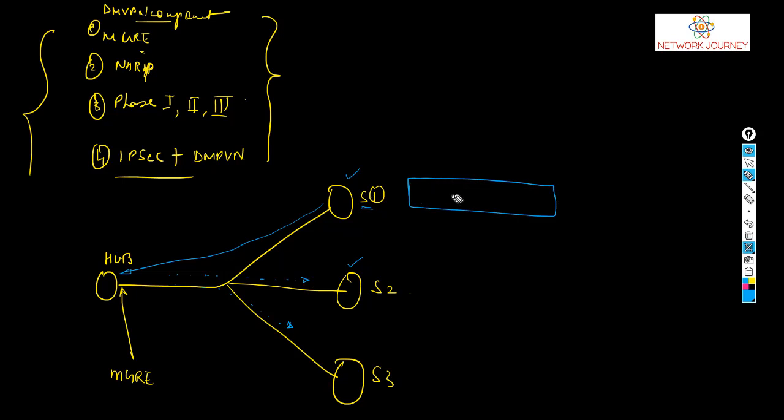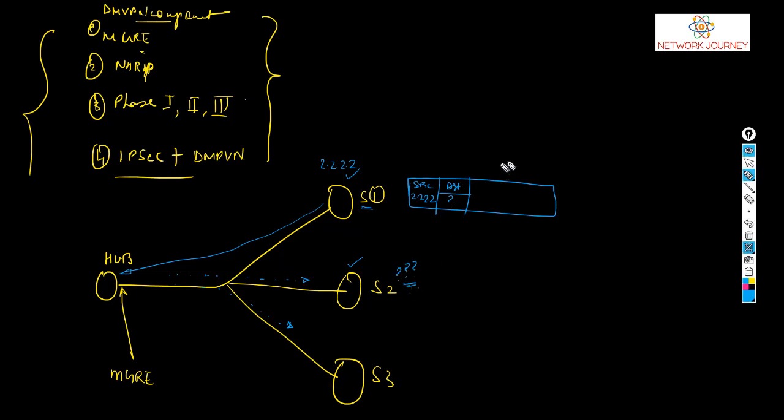Say for example, the source would be, let's say, 2.2.2.2. The destination is not known, so I'm not sure what the destination IP of this is.